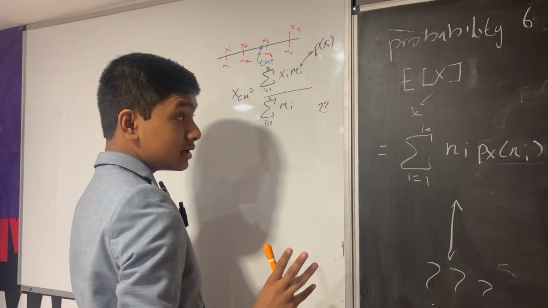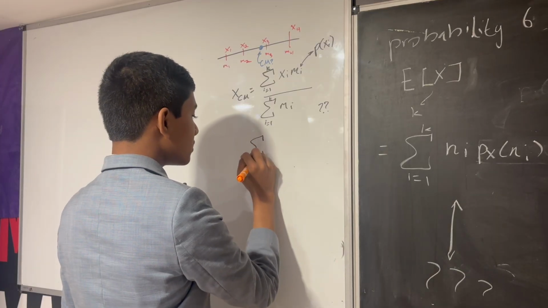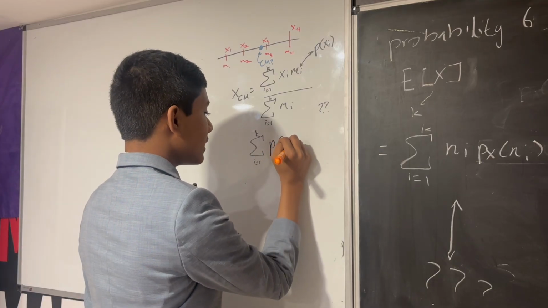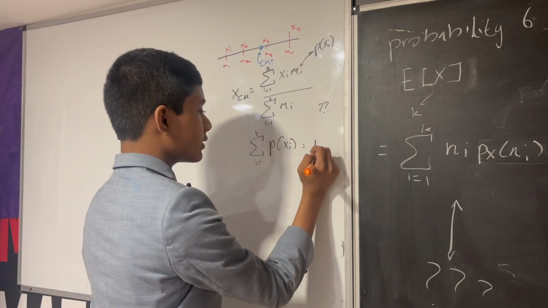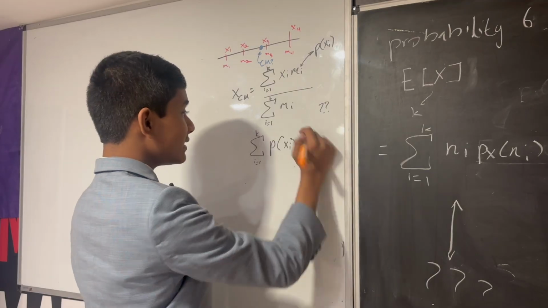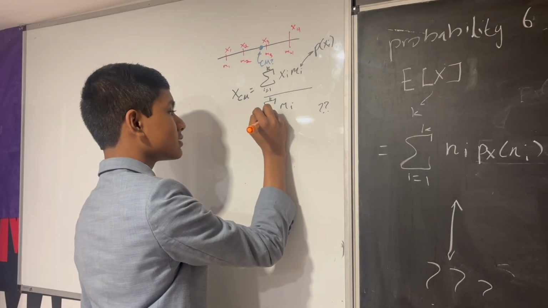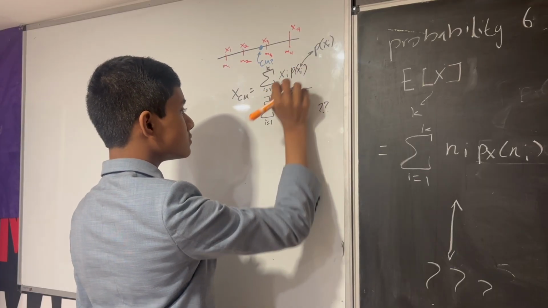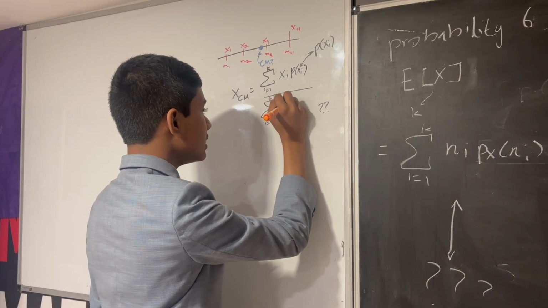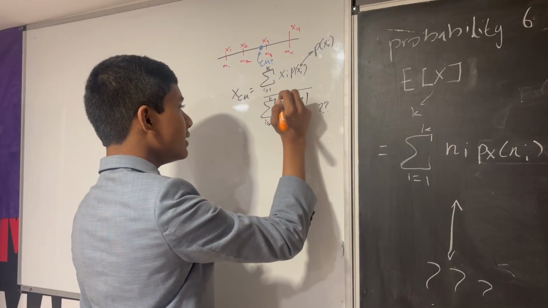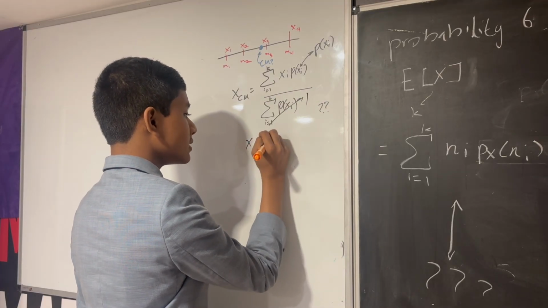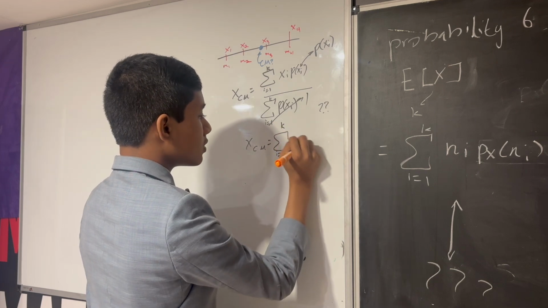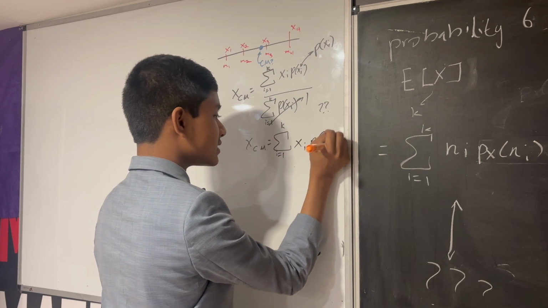No, because the sum from i equals 1 to k of the probability p(x_i) is equal to 1 all the time. So if you actually think of this as just the probability density function, since this is always going to be 1, this just simplifies to the expected value function.